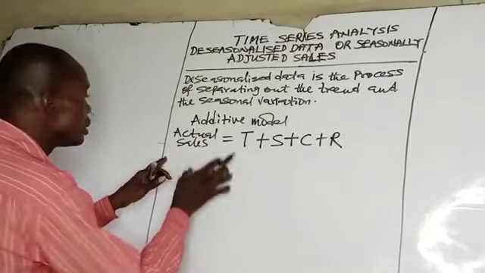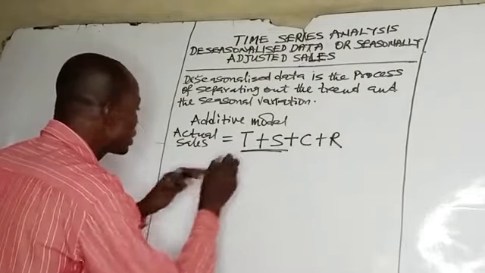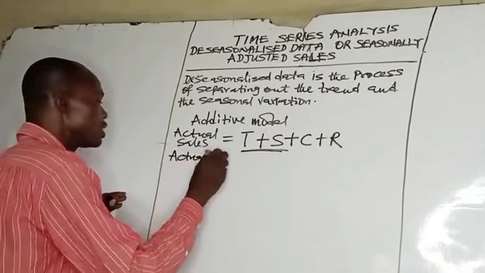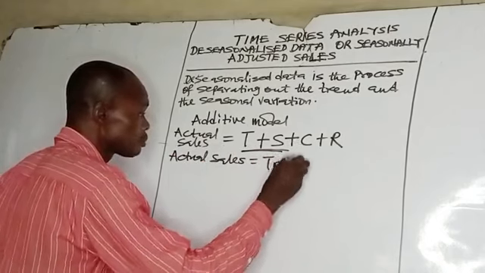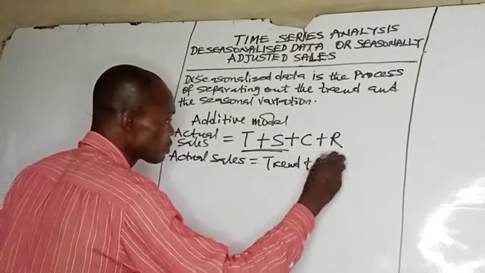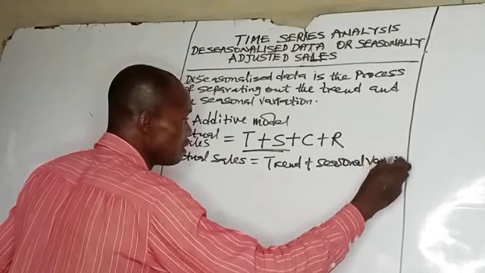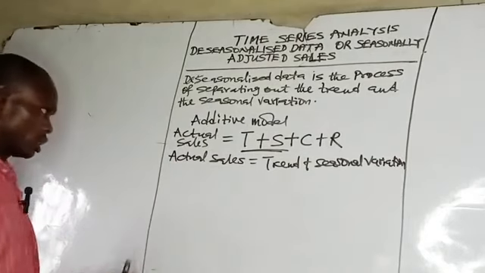I've told you of these four variables, the first two are the most important. Therefore, actual sales will be trend, which is letter T, plus seasonal variation. Trend plus seasonal variation will give us the actual sales.